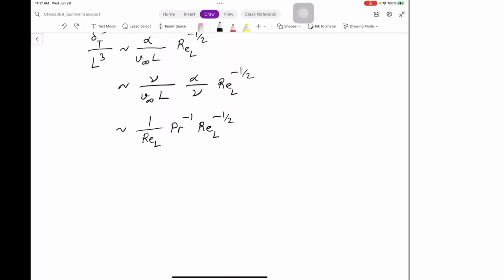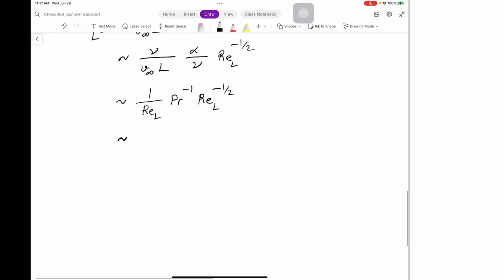So we get Prandtl number to the power -1, Reynolds number L to the power -3/2, correct? If you add -1 to -1/2, you get -3/2.